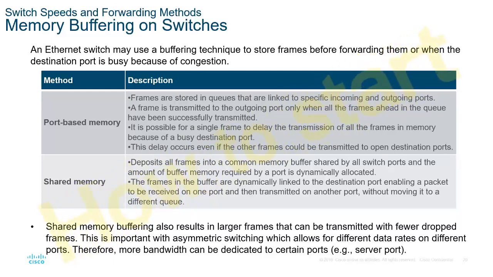If it is shared, the entire switch will share memory, and the switch will compile the data to send out. Again, with port-based, the data that was there first has to be sent, and then it will send the next group of data, and then the next, on a per-port basis.